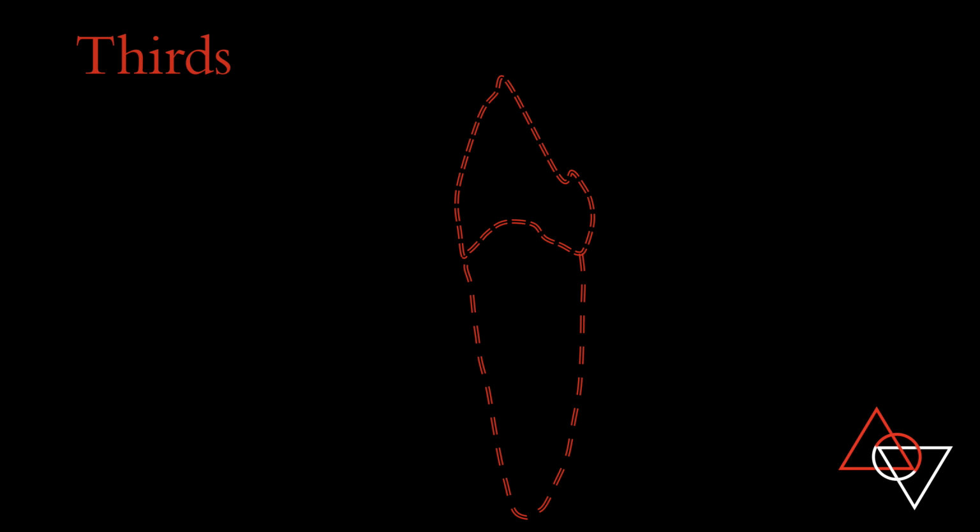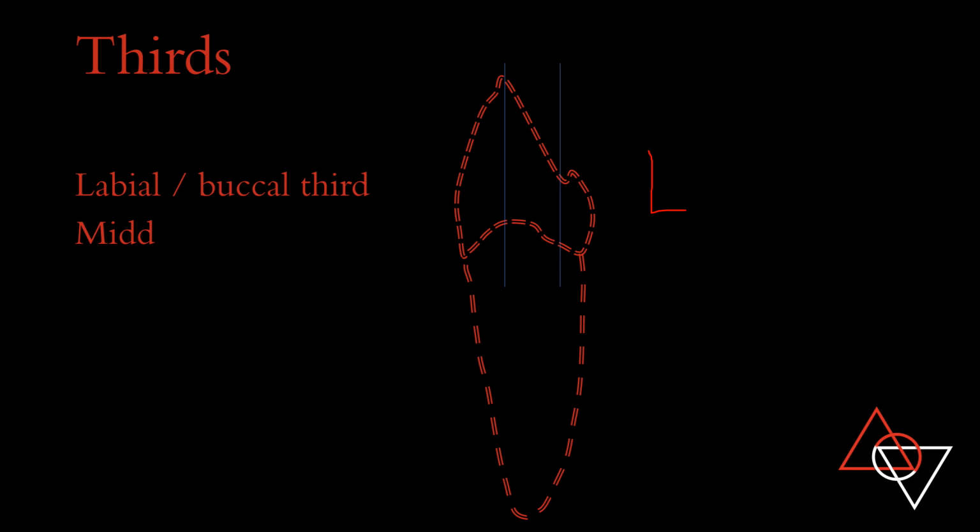If, for example, this is the labial side, and this here would be the lingual side, you can also divide the tooth into thirds in the labiolingual direction, and then it's going to be the labial or buccal third, then the middle third, and the palatal or lingual third.